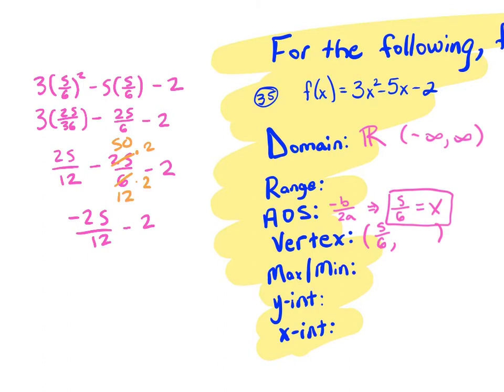I'm going to multiply the top and the bottom by 12. So this is 24 over 12. Subtract, I get negative 49 over 12. So our vertex y value is negative 49 over 12. My bad, so this is 49.